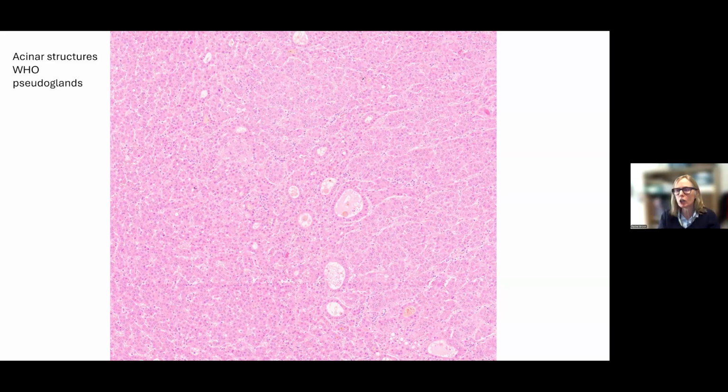But if it's a lot like this, you start to worry that you're looking at something malignant, and you would be wanting to address that question probably with additional stains. So just so that you are clear what is meant by that term, pseudoglands, that's what you're looking for as an architectural feature in your lesion.